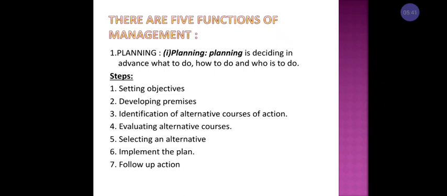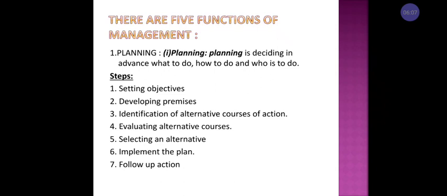How does directing help Kiran? Kiran has to appoint a manager. This manager gives direction and motivates the people to work more. If they work more, Kiran's organization can earn more profit. This we can see in directing.